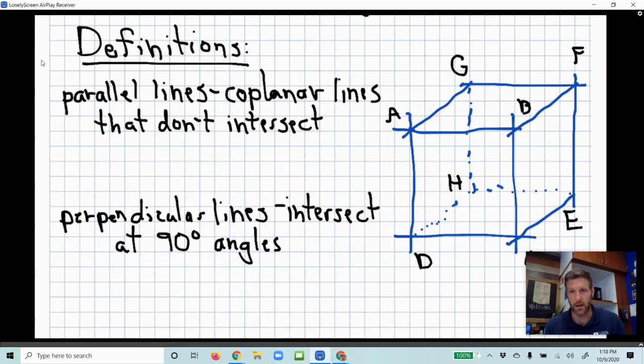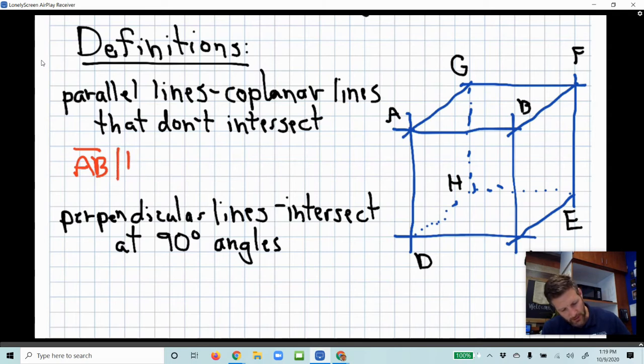So I've drawn this little cube here that's just like the one in your book in order to illustrate some of these line relationships. So for example, we have line AD. That would be parallel to line BC. So if we want to put an example of parallel lines, we could say line AB, and then here's the symbol for parallel, so you don't want to have to write out P-A-R-A-L-L-E-L over and over again.